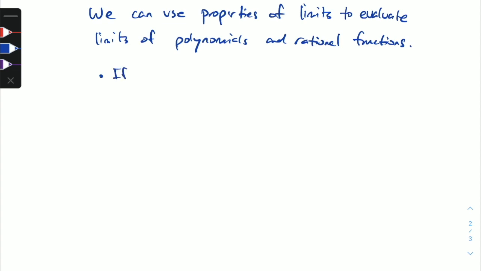So the first rule is if f of x is a polynomial, i.e. it's of the form a0 plus a1x plus dot dot dot an x to the n.